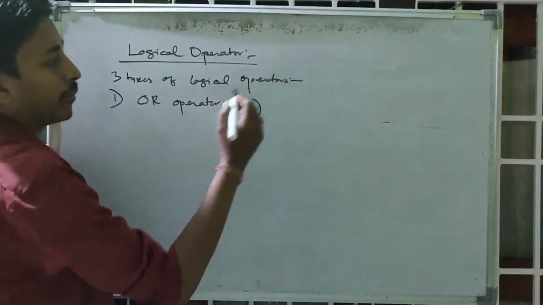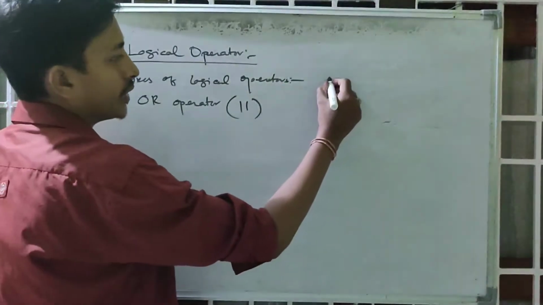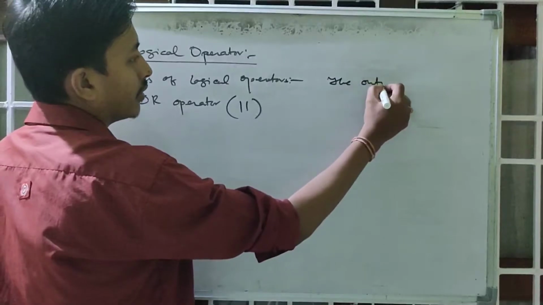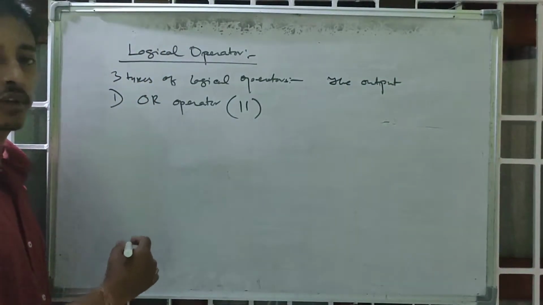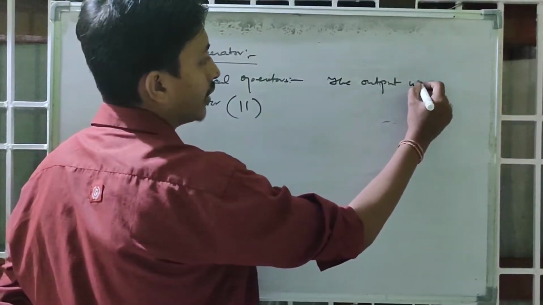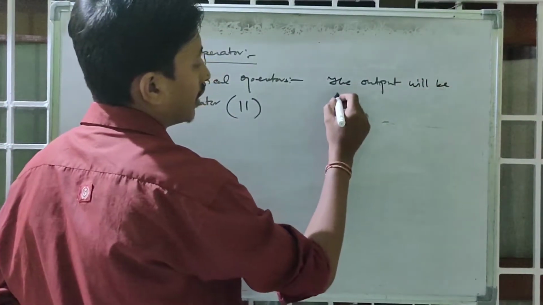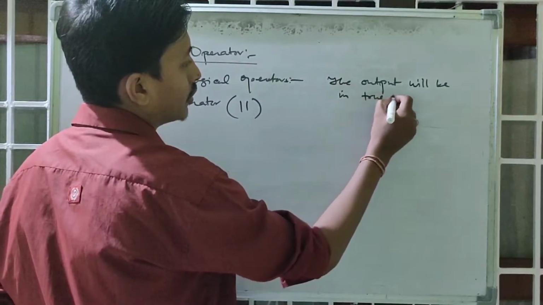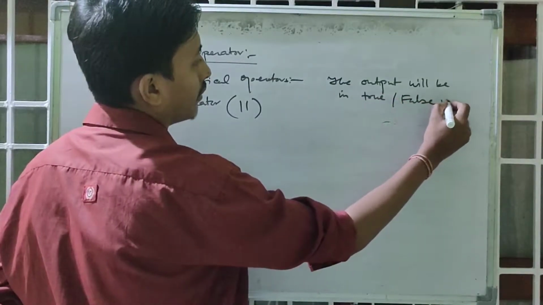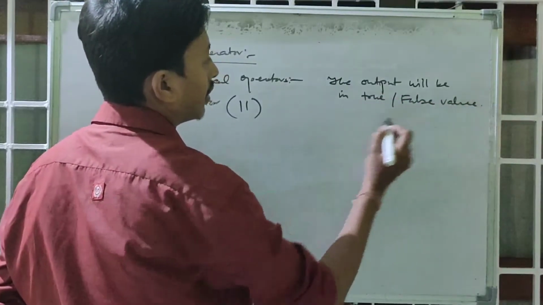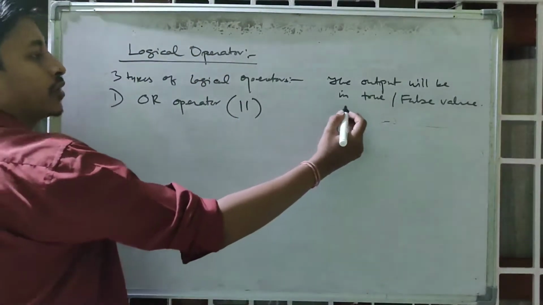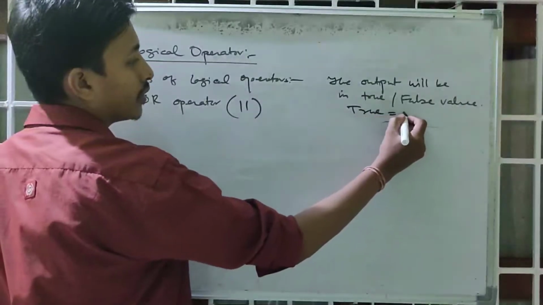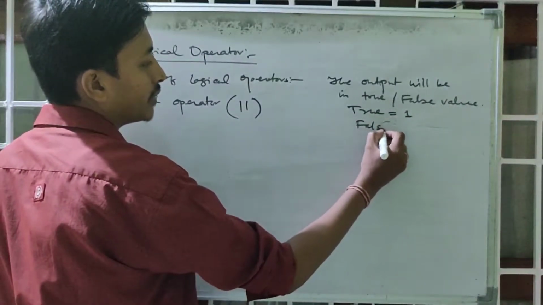Here in logical operators, one more thing: whatever output is produced by a logical operator will be a true or false value. It gives either a true or a false value. True means 1 and false means 0.